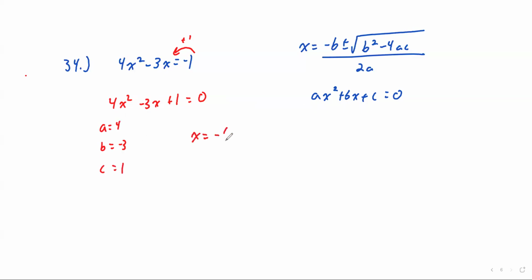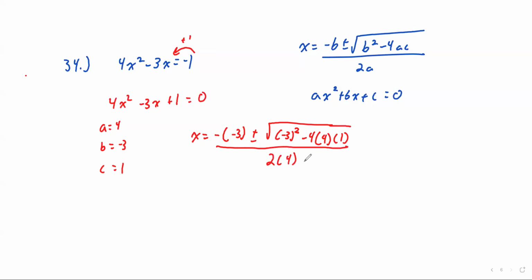So x equals negative negative 3, and the square root of negative 3 squared minus 4 times 4 times 1, all divided by 2 times 4.